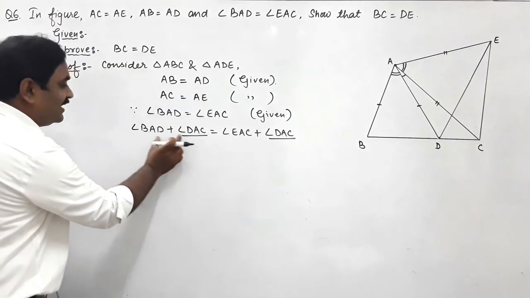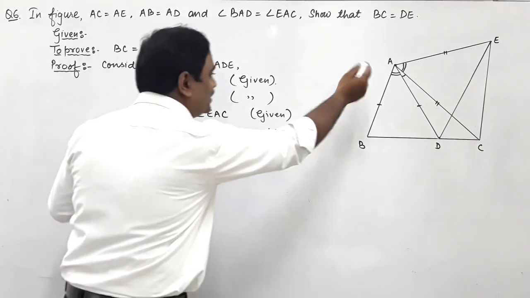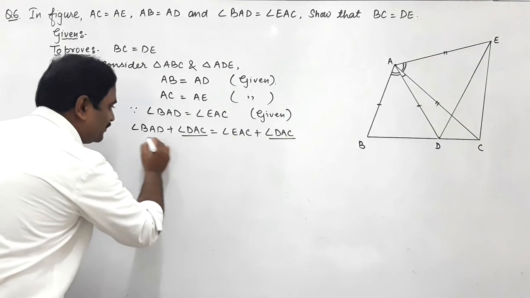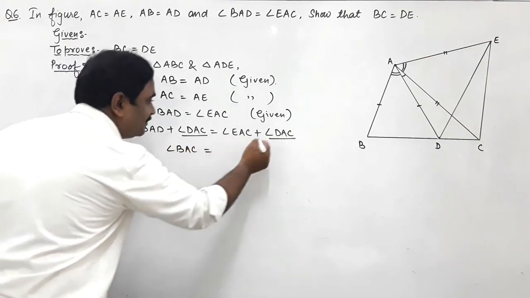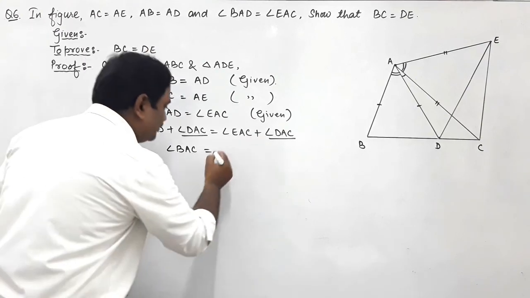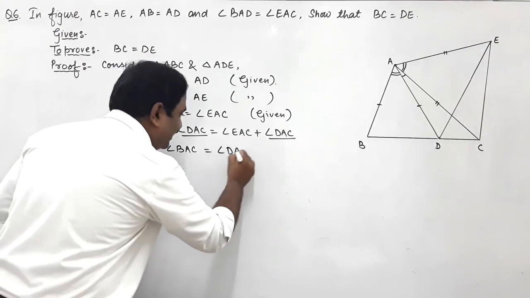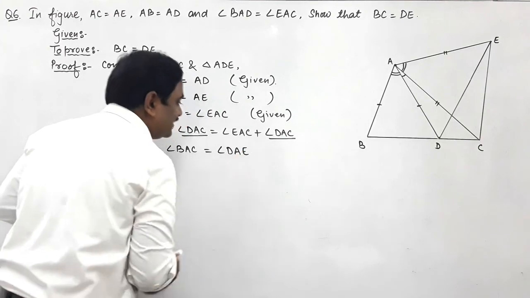Now this angle plus this angle becomes angle BAC. The sum of these two angles can be written together as angle BAC, and the sum of these two angles together can be written as angle DAE, right?